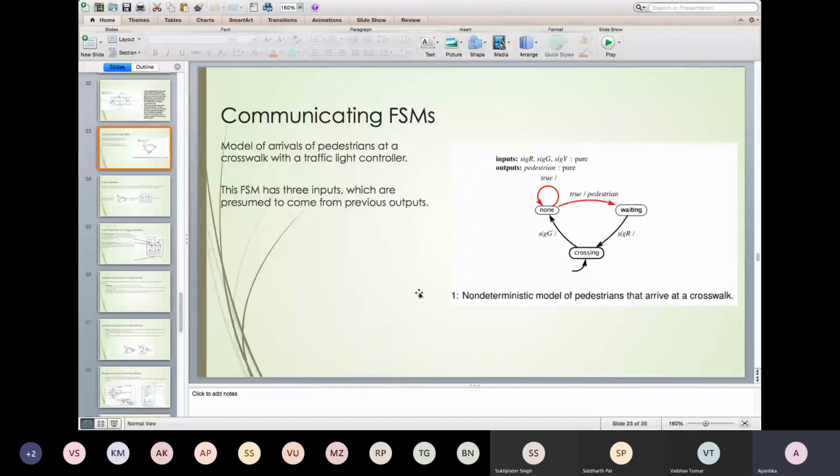On the other hand, my traffic light controller FSM is giving signal for green light, signal for R light, and those are also controlling the transitions in the pedestrian FSM. So they are running in a concurrent fashion, communicating with each other, and their outputs are affecting each other. That's why we call them communicating FSMs. And here concurrency comes into the picture.